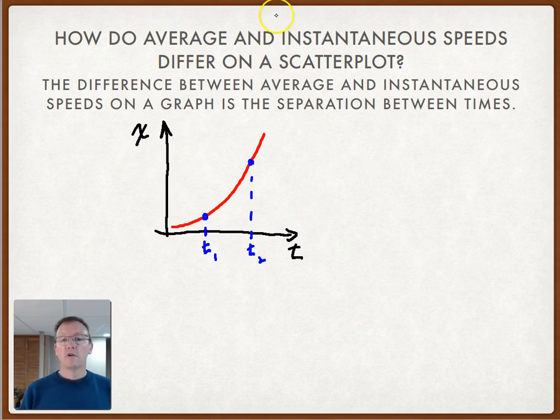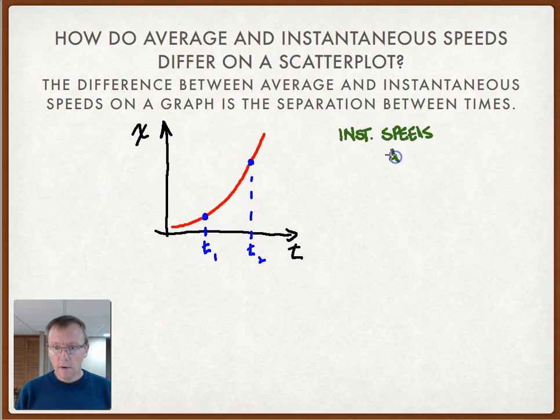And so my question for you is, first off, can you compare the speeds at T sub 1 and T sub 2? So what I'm really asking for is instantaneous speeds. So the instantaneous speeds would be like this.